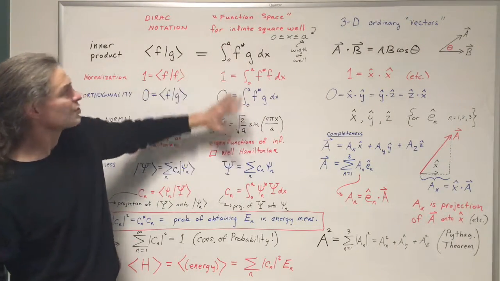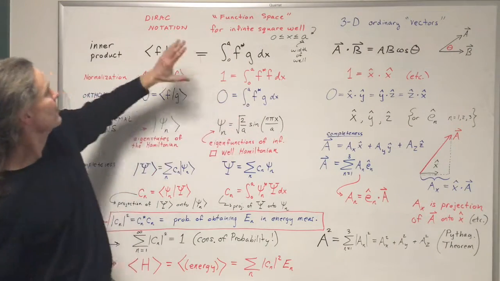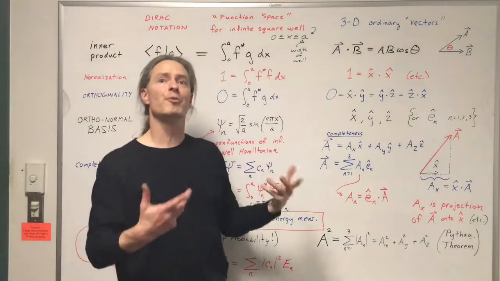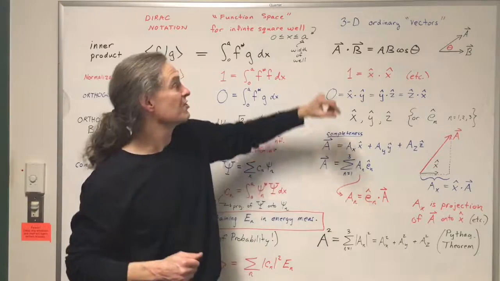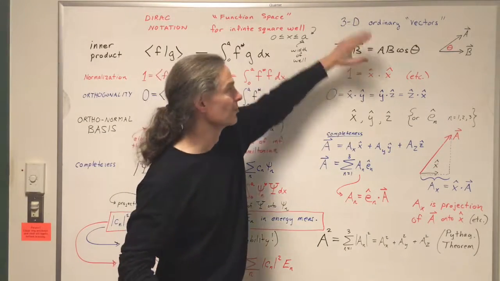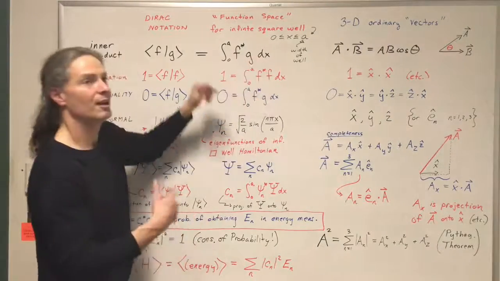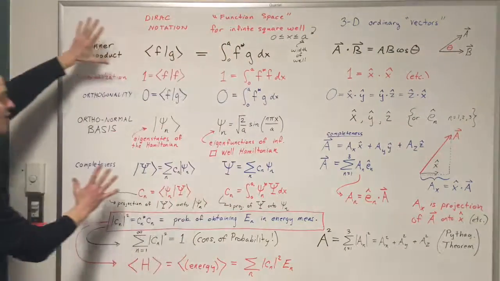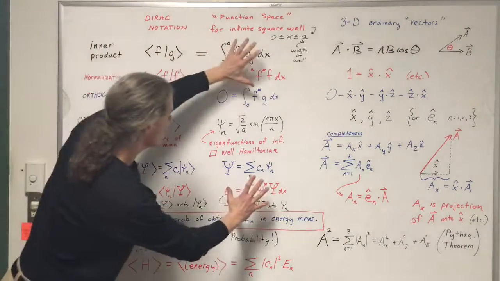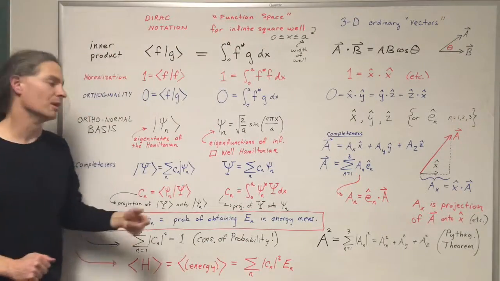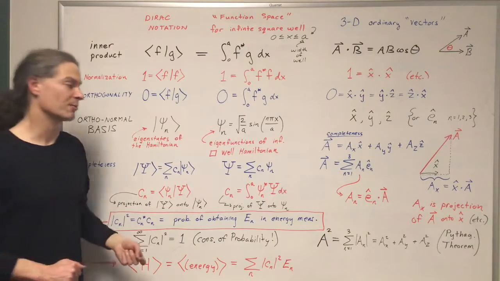We've got all these integrals, but if we can recognize the role that inner products play in all of this, and realize that inner products are just a mathematical extension of good old dot products in ordinary three-dimensional vector space, if we can understand the underlying abstract mathematics, sometimes that gives us a tool for better understanding what's going on with the quantum mechanical machinery.